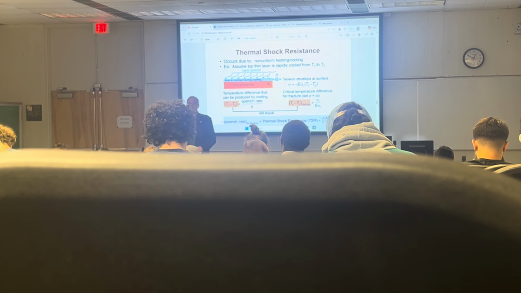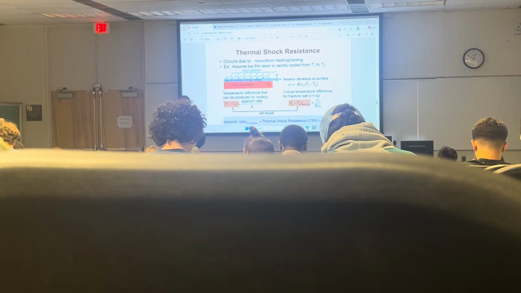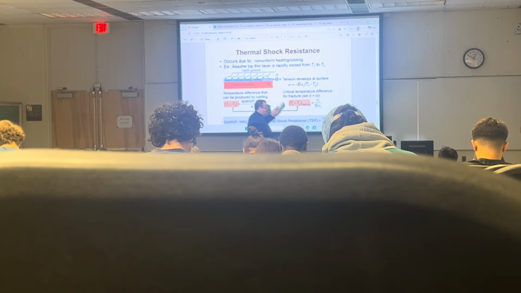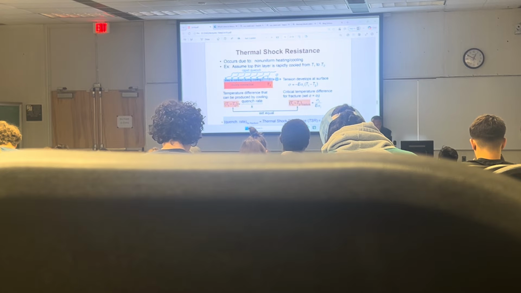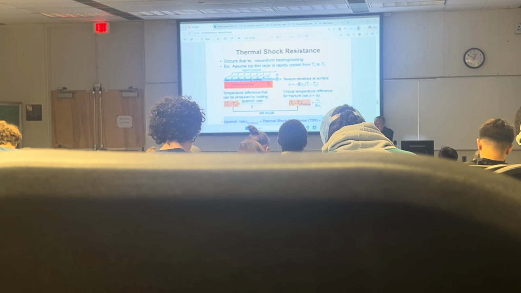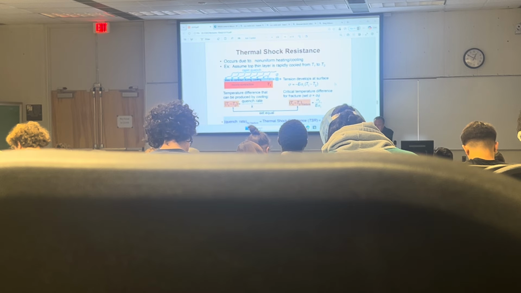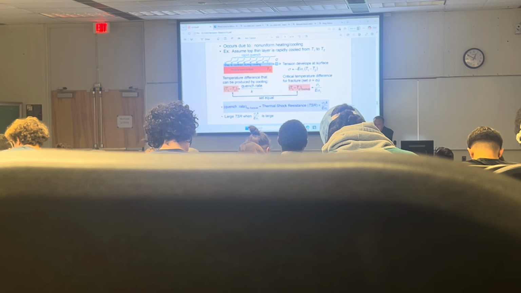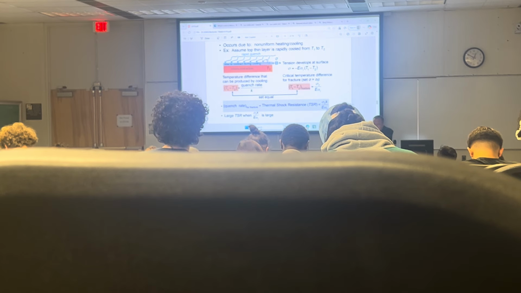Okay, so we established that when we have this rod heated up and stuck into the ice cold water, it's under tension. Tension is equal to minus the elastic modulus times the thermal expansion coefficient times delta T. And then we're going to get these two temperatures set to be the same.